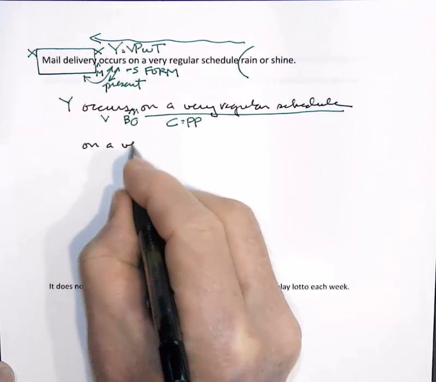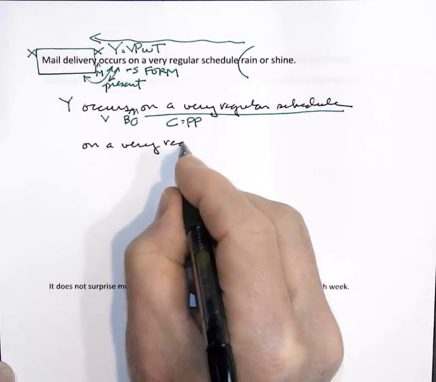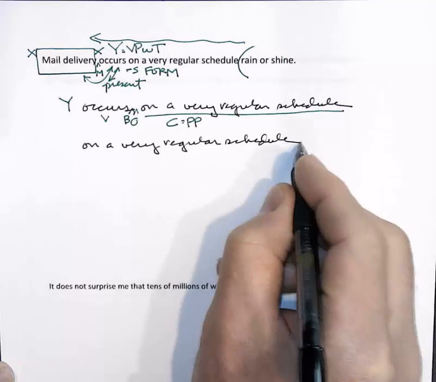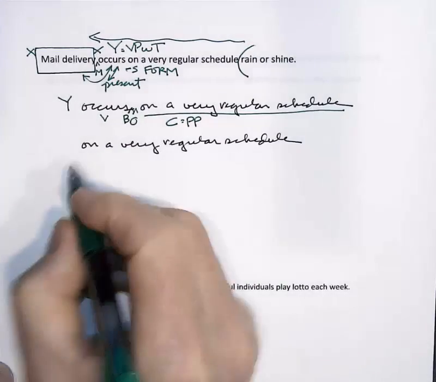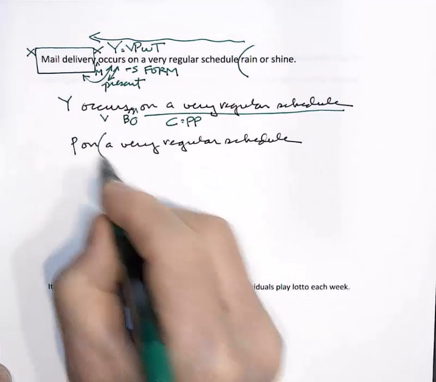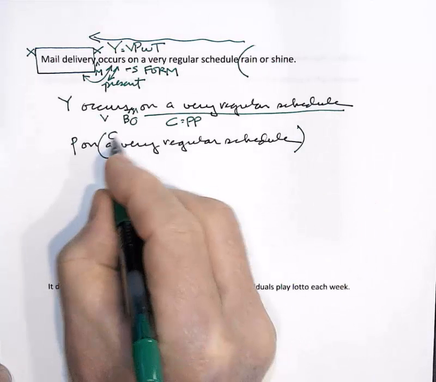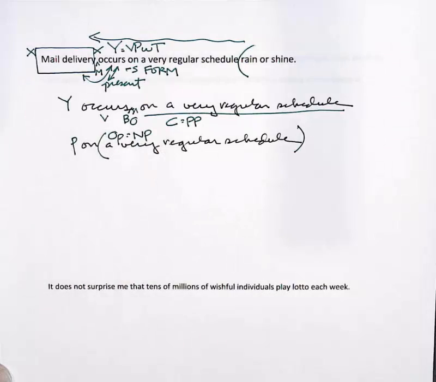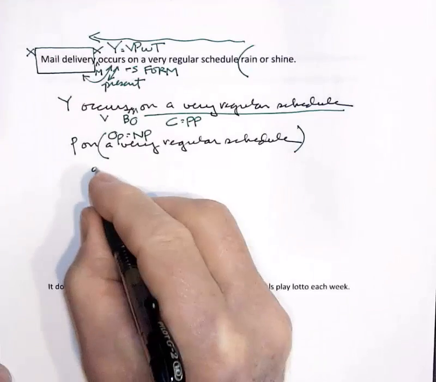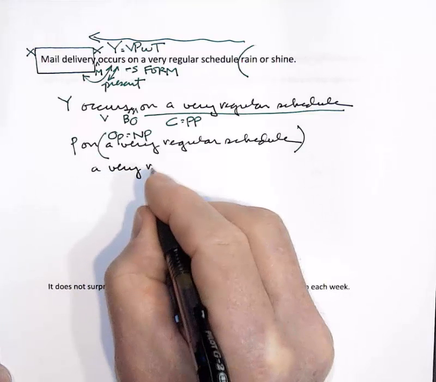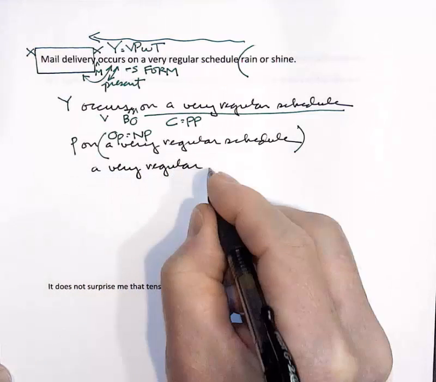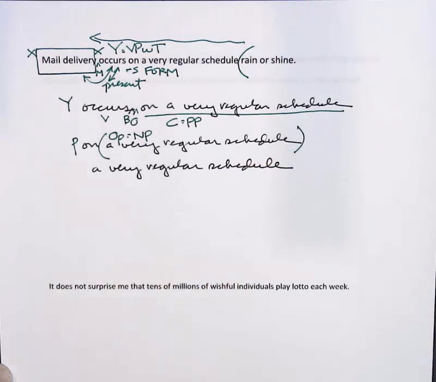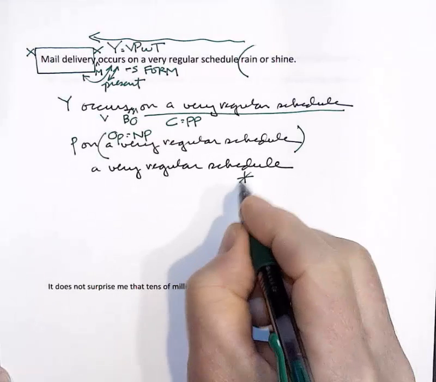On a very regular schedule. And on is the preposition. A very regular schedule is the object of the preposition. It's a noun phrase. Schedule is the noun phrase head.